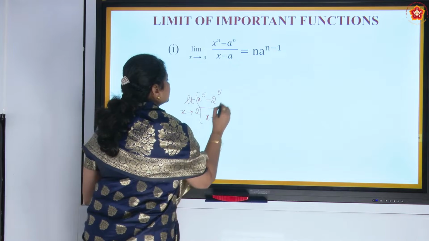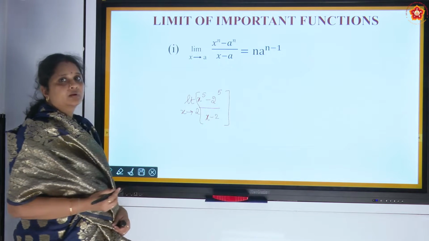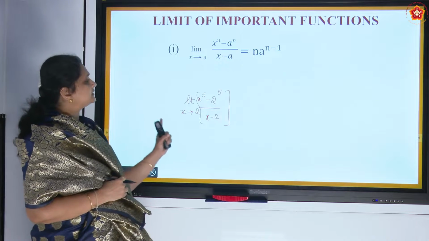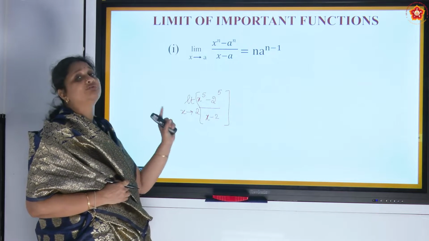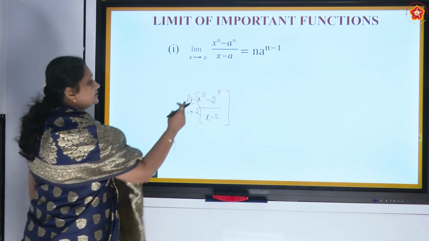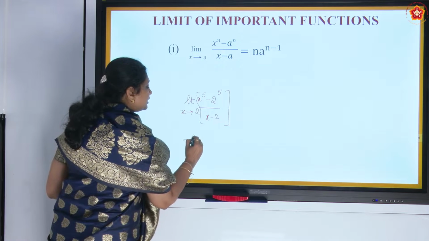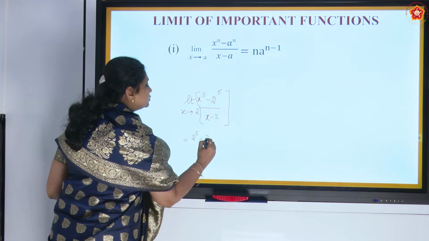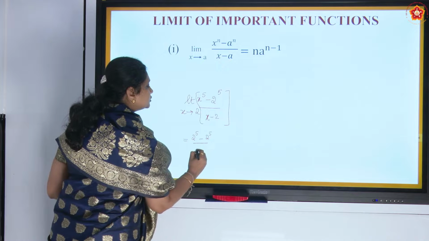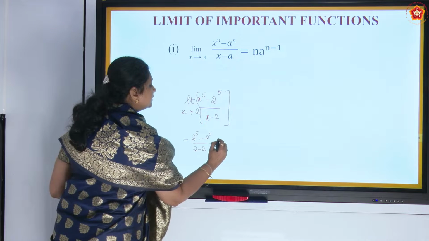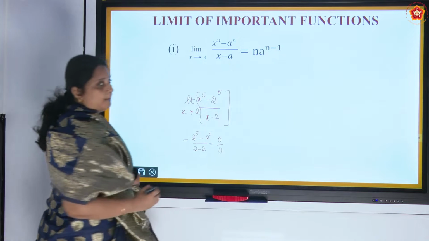This is my function. When I substitute the value of x directly, this becomes (2^5 minus 2^5) by (2 minus 2), which leads me to the 0 by 0 form.